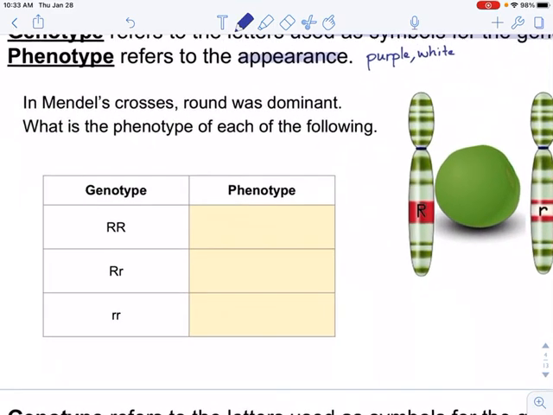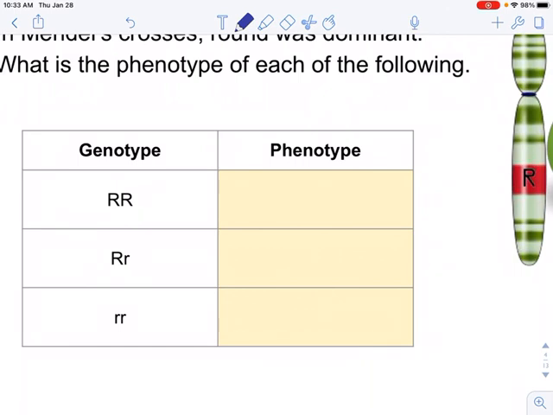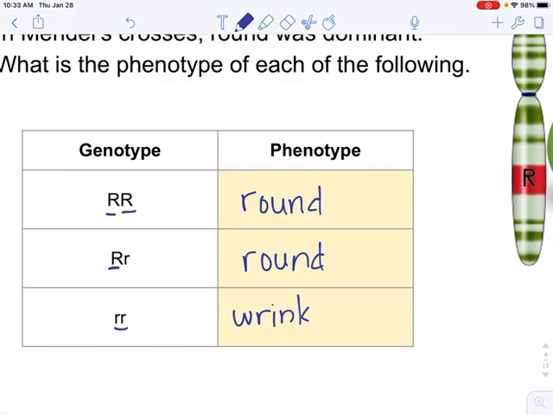So if we look at these genotypes, if an individual has two dominant alleles, then they will have the dominant trait, which is round. Even if they only have one dominant allele, that's enough to hide the recessive, so it would still look round. And if there were no dominant alleles present but only two recessive alleles, then it would be able to show the recessive trait, which is wrinkled.